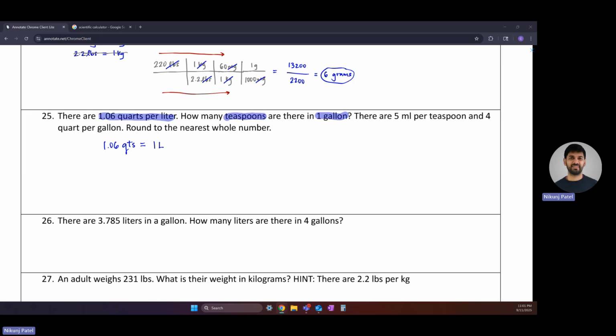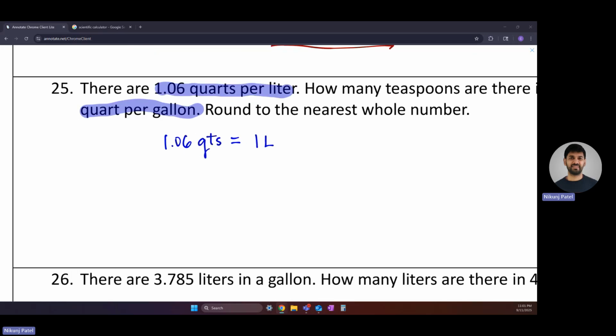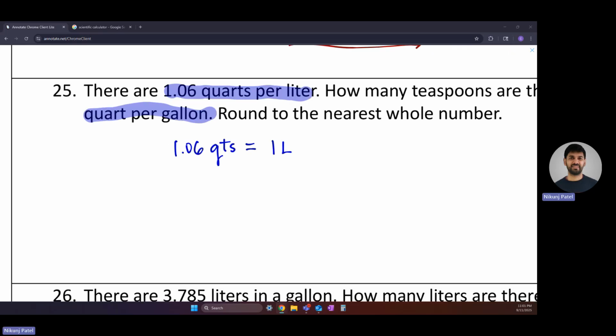So there's some conversion factors there. 5 milliliters per teaspoon, and then 4 quarts per gallon. So writing those two out, the first one was 5 milliliters per teaspoon, and then we had 4 quarts equals 1 gallon.